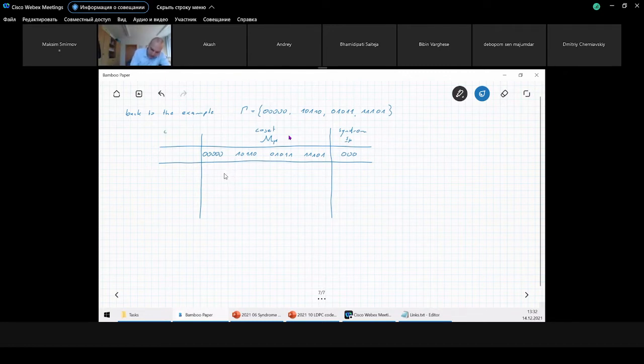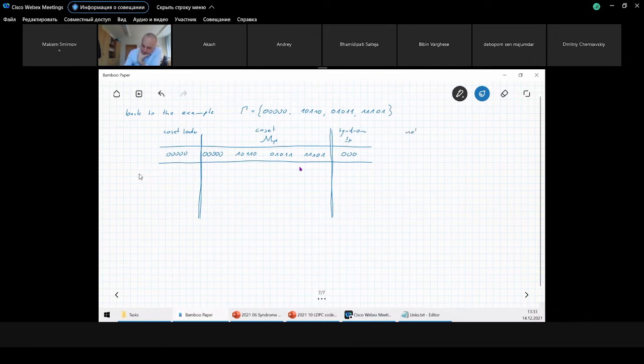So here we will select this coset leader to be the pattern with the lowest number of ones, which in the first case is the 0, 0, 0. Maybe we write this as a side note.